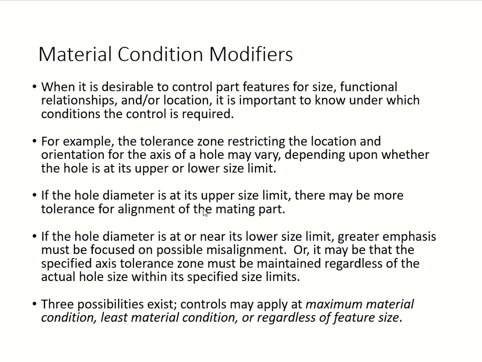Some people call it a different way, but most commonly MMC, LMC, and then RFS. Some people just write RF. I just write RF because I know that's regardless of feature size, but most of the texts will go like RFS. You can also write your own symbol as long as you know what you're doing, okay.